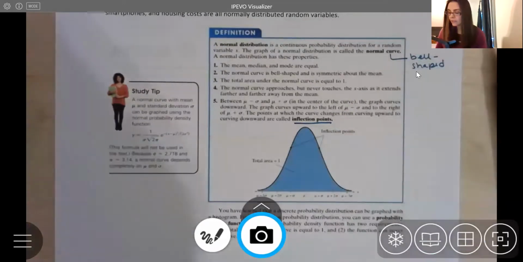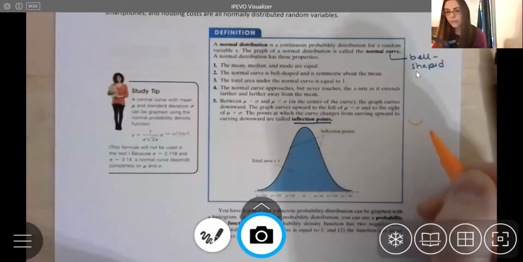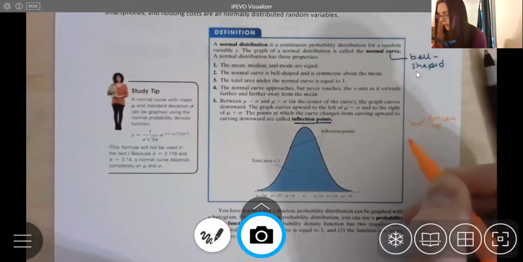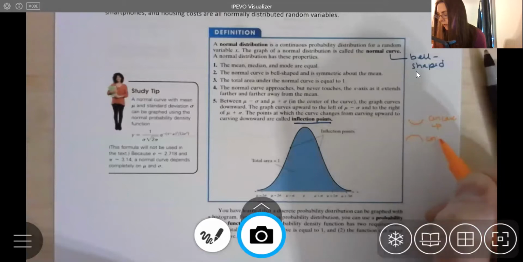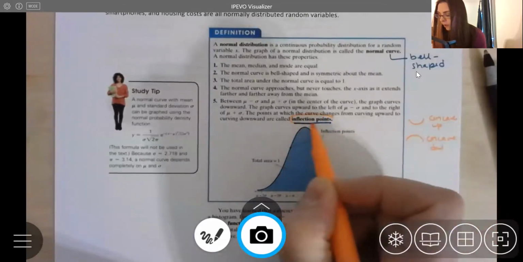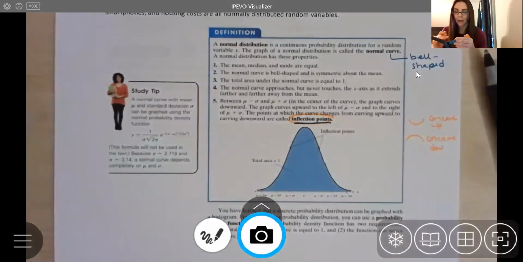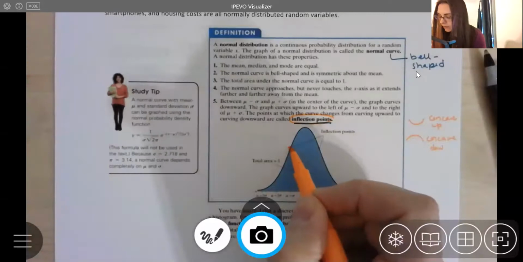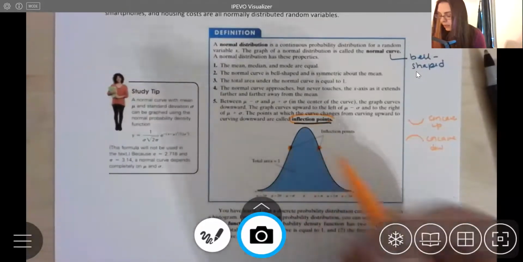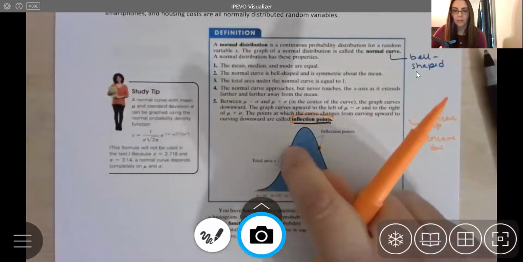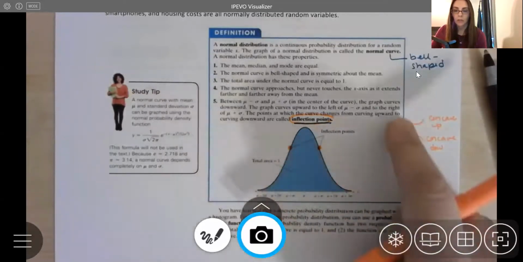Something like this is concave up, and something that's this shape is concave down. These inflection points occur when you change between concave up and concave down. On the graph, you have an inflection point here and here. Right here, you can see that we're concave up, so it's more of a regular U shape.